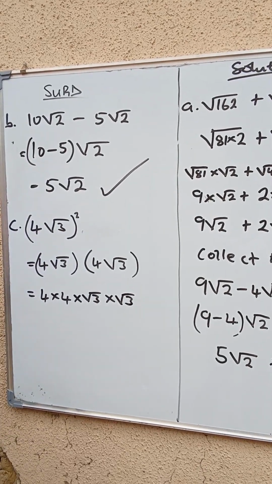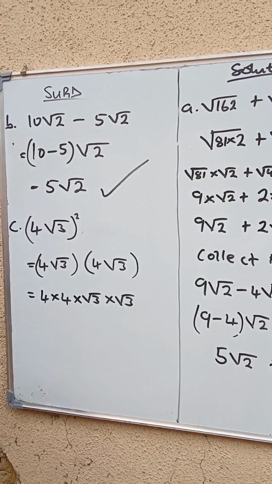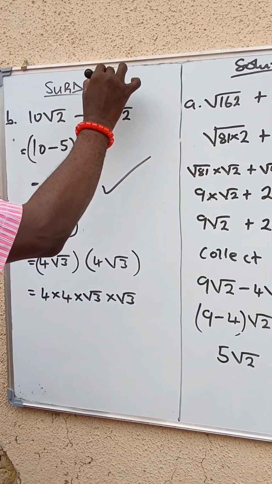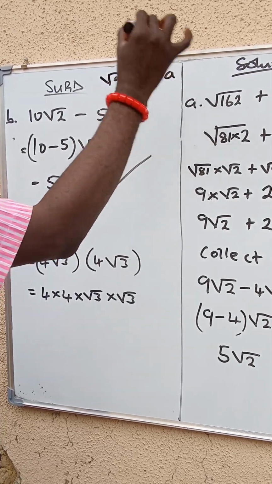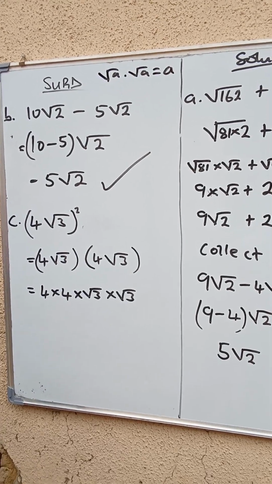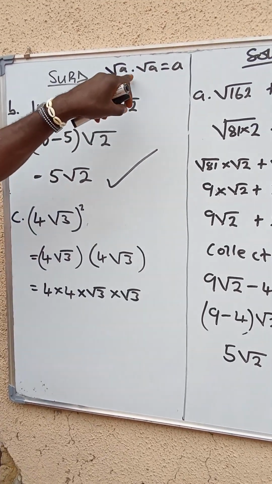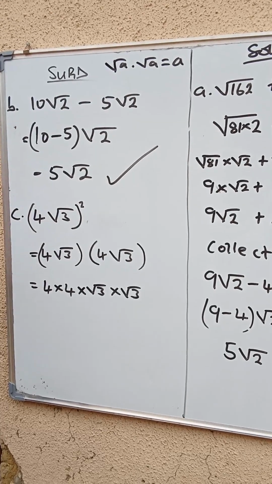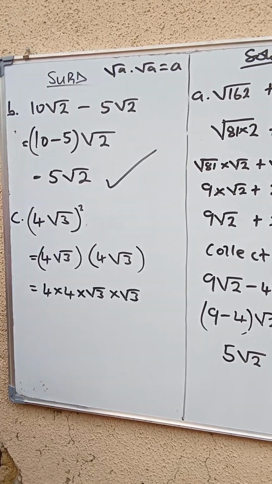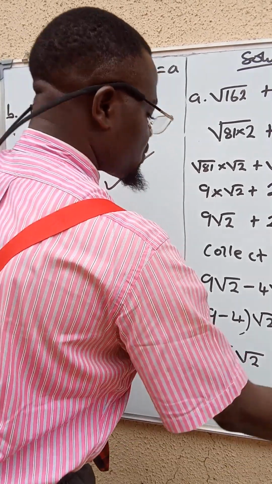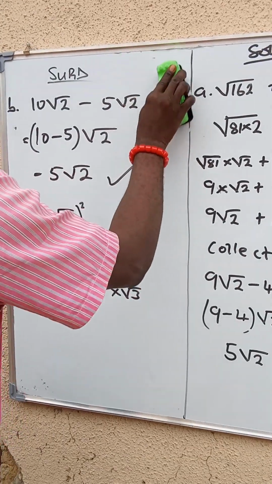Yes. I know when two surds are multiplying each other, like root A dot root A, the answer is what? A. So take note of this. Root A multiplied by root A is what? A.